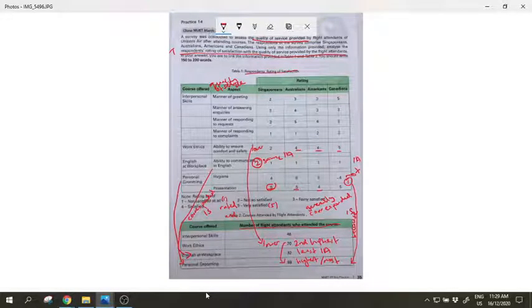So that means although you can put here, although work ethics had a lower number of flight attendants who attended that course, or you can say although flight attendants who attended the work ethics course were lower than personal grooming, the ratings given by Australians, Americans, and Canadians were also satisfied and very satisfied.